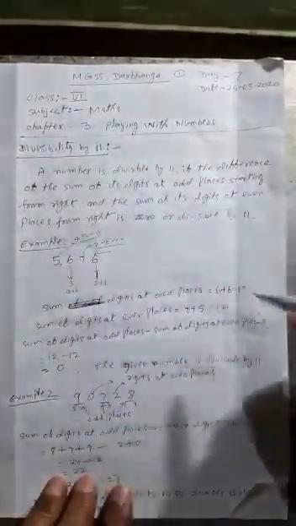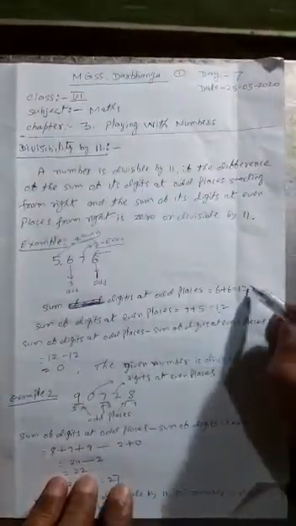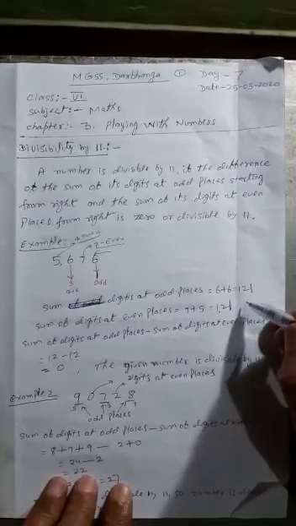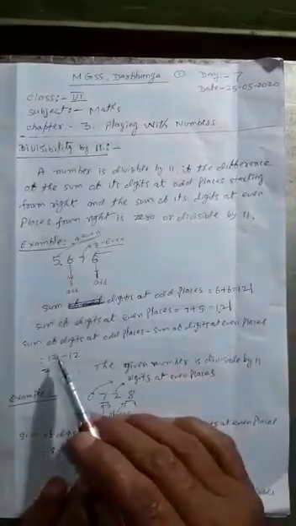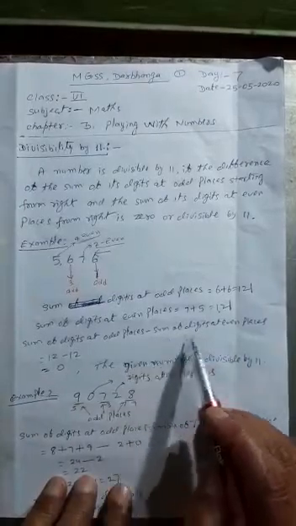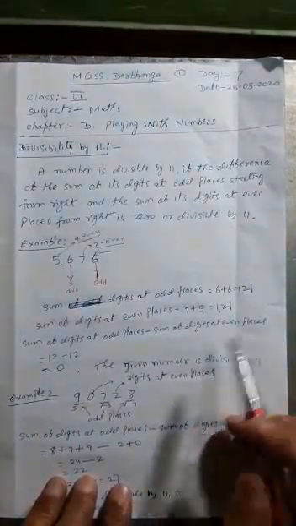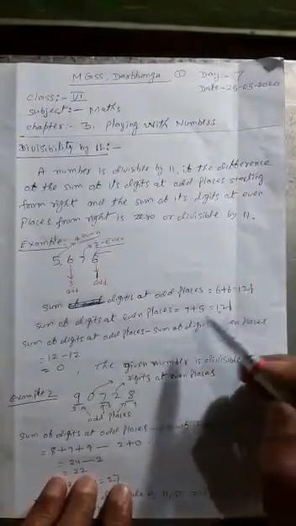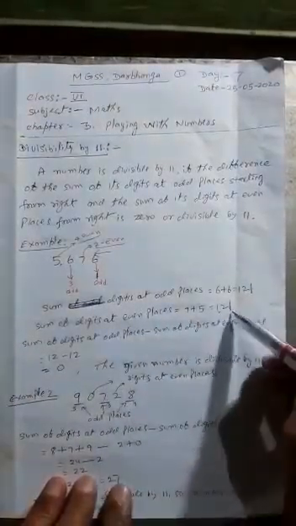Then what is to be done? We have to find the difference of these two: the sum of digits at odd places minus the sum of digits at even places. The sum of digits at odd places is 12 and the sum of digits at even places is also 12.